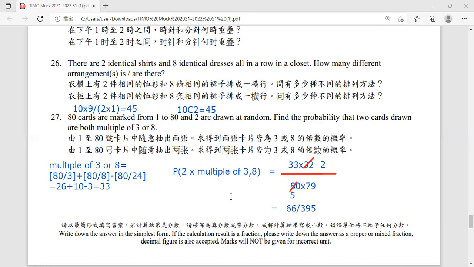You just do the calculation here and simplify. You got the answer 66 over 395. It's something like this. Any questions? Okay, then 28.